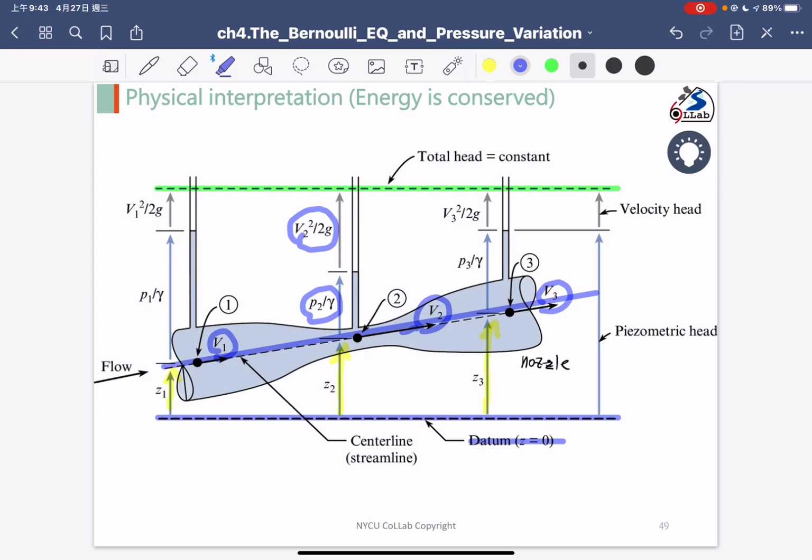Because the velocity in that region increases a lot. So when the velocity increases a lot, the pressure decreases. High velocity gives lower pressure, and we are afraid of a low-pressure environment because the liquid will become vapor, and we have the cavitation phenomenon.